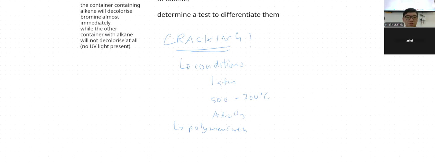Then you have to work on alcohol. Again, the same thing: functional group, general formula, physical properties, and we spent some time talking about ethanol.